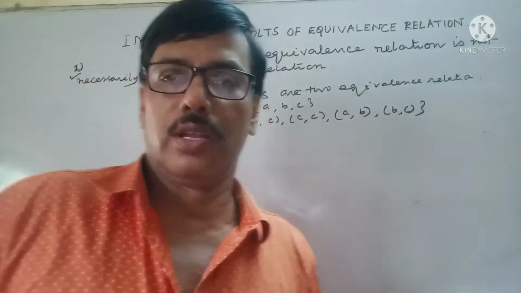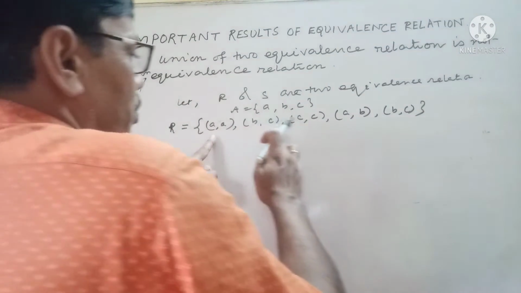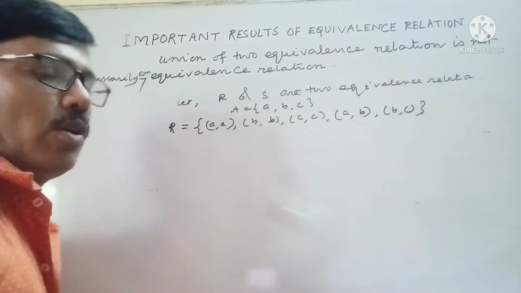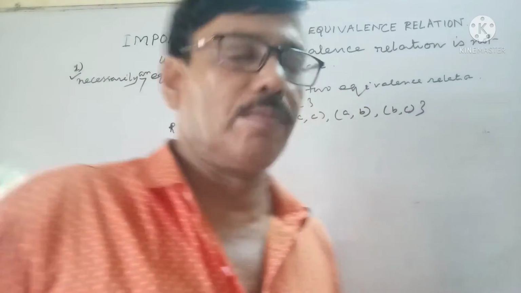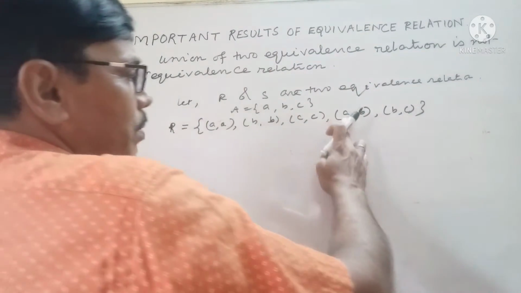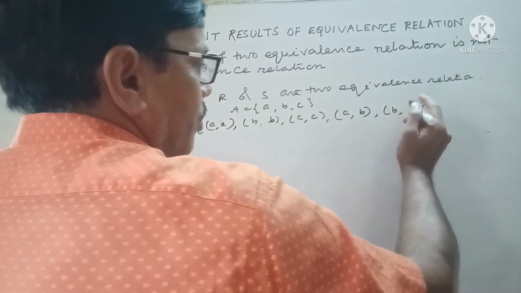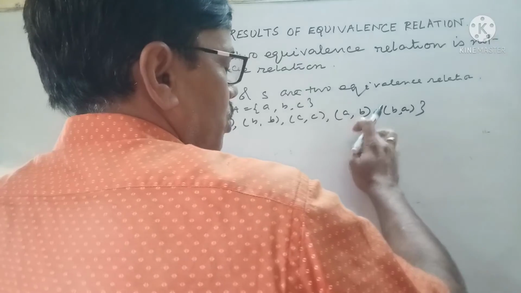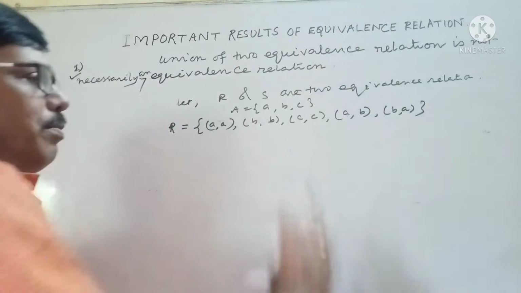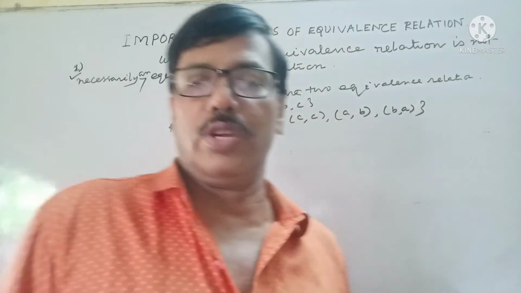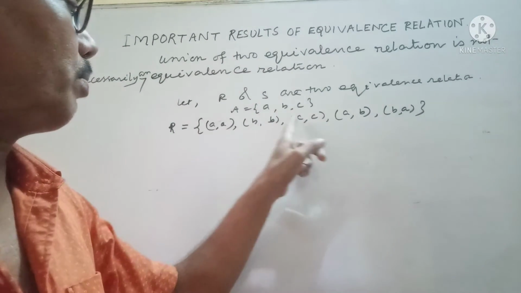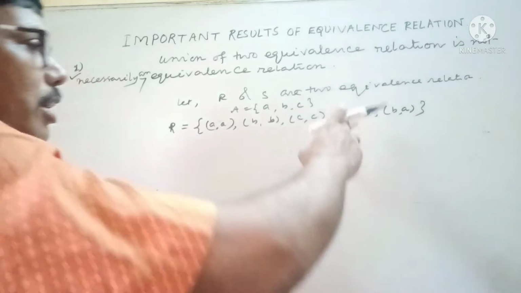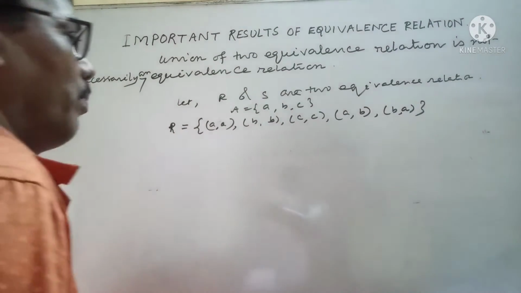Now look: (a,a), (b,b), (c,c) belong to R, so it is reflexive. Now (a,b) belongs to R, and its reverse (b,a) also belongs to R. If you take the reverse of it, you get the same, so it is symmetric also.